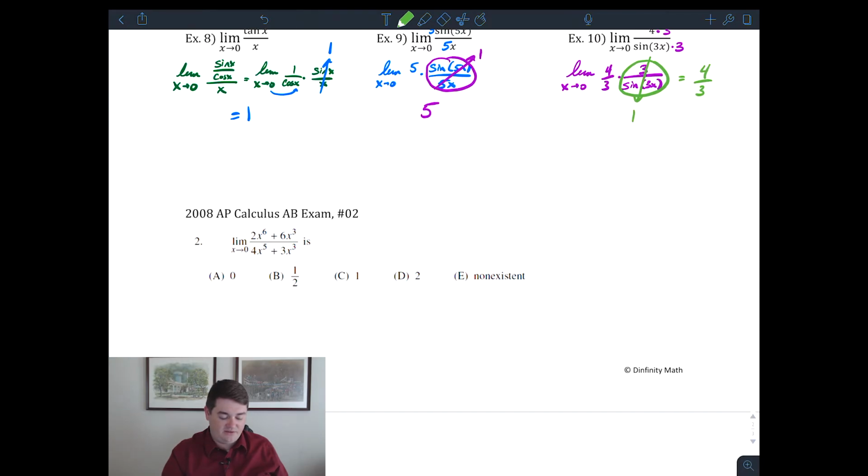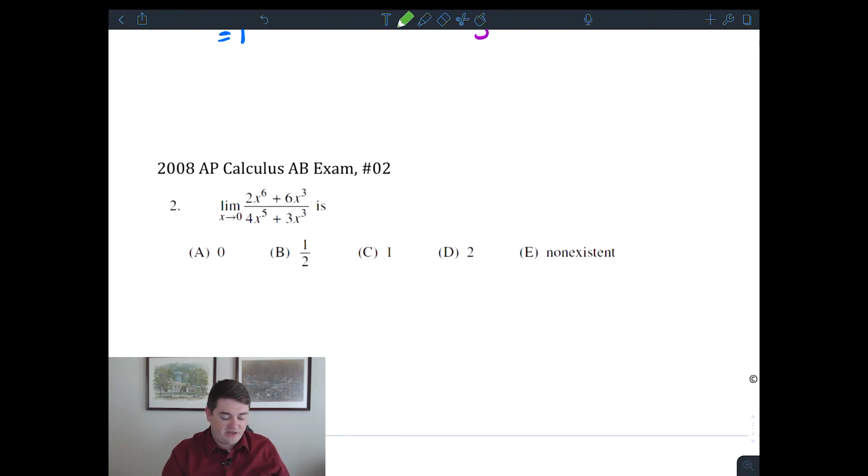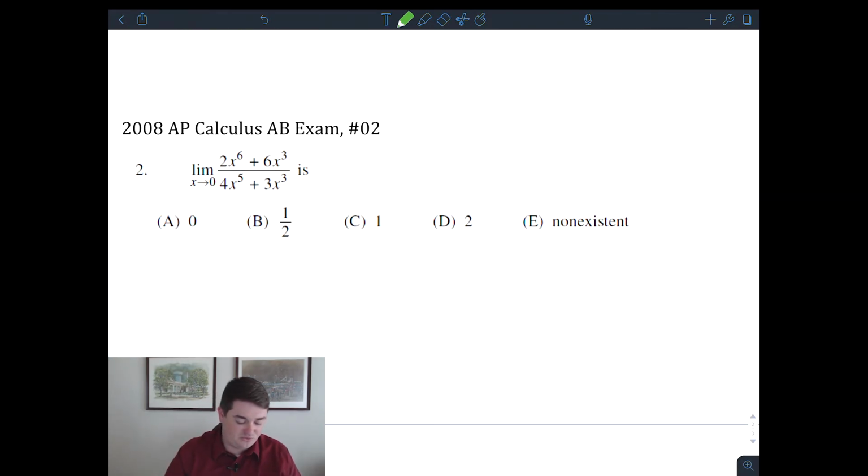And lastly, from the 2008 exam, number 2, the limit as x approaches 0 of 2x to the 6th plus 6x cubed over 4x to the 5th plus 3x cubed is what? Well, if I plug in 0, I'm going to get 0 over 0, but I can see that this factors.